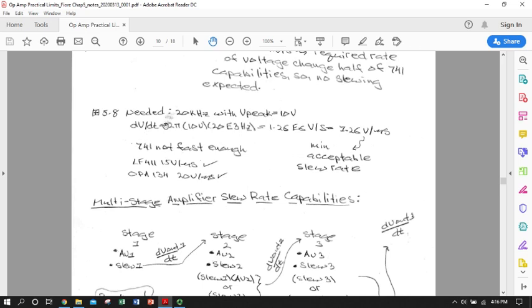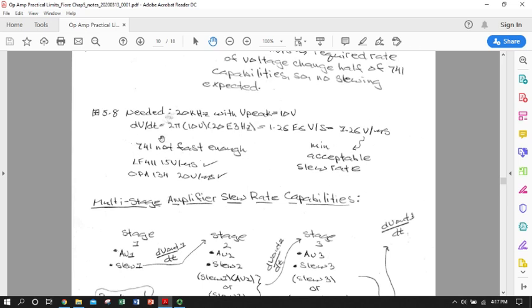So I'll assume that, and that means I can use the max slope of my signal. Max voltage versus time slope is 2 pi times the amplitude times frequency. So that gives me 1.26 times 10 to the 6 volts per second, which could also be expressed as 1.26 volts per microsecond. That's the minimum acceptable slew rate.